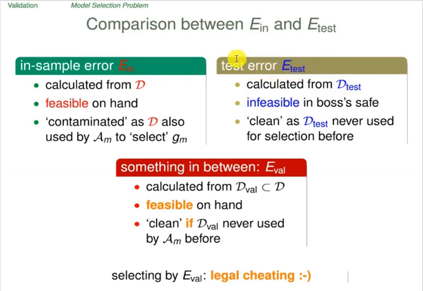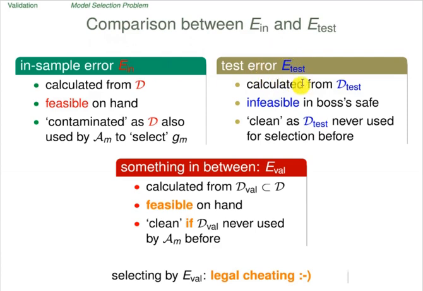Now, if we consider the E-test case, selecting a model based on E-test performance, E-test would be calculated from independent D-test data. However, we don't have D-test data at hand. Therefore, it's not feasible to calculate the E-test performance of models and select one. Selecting a model based on this performance would be impossible. Now the question is, can we come up with a feasible criterion?